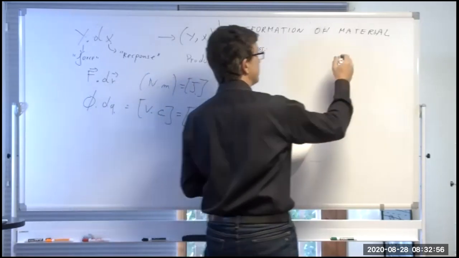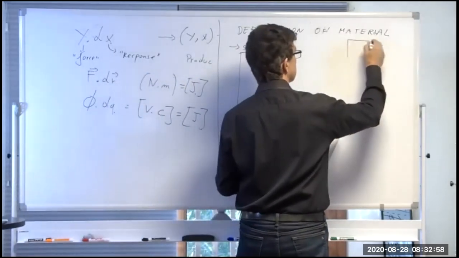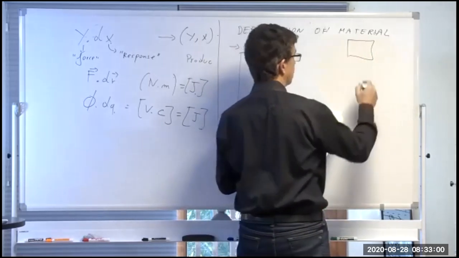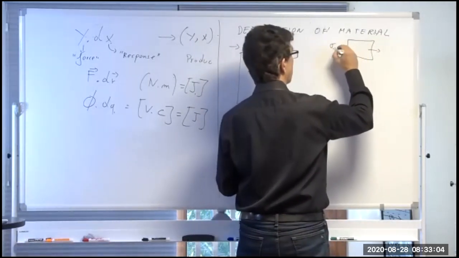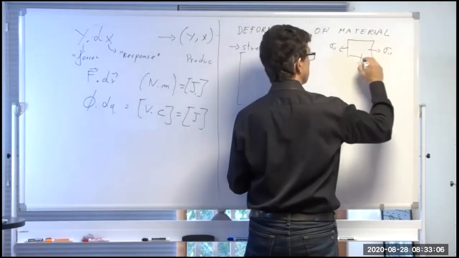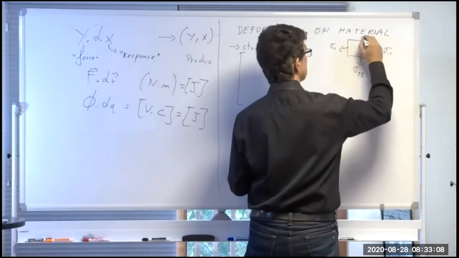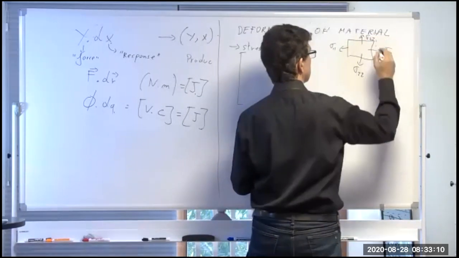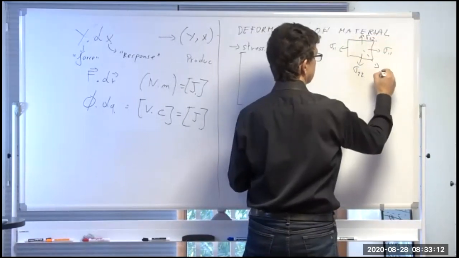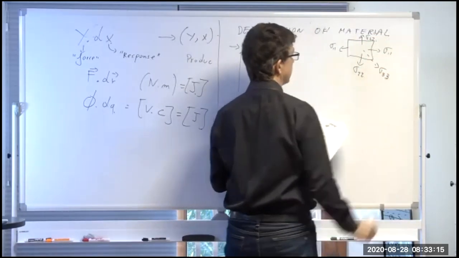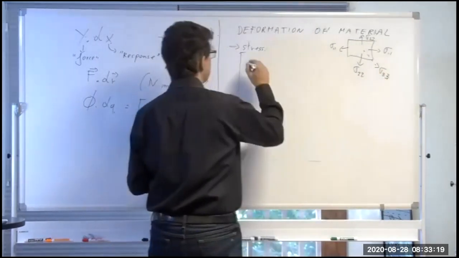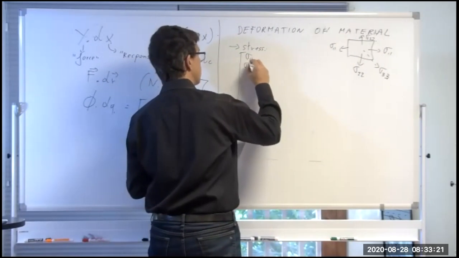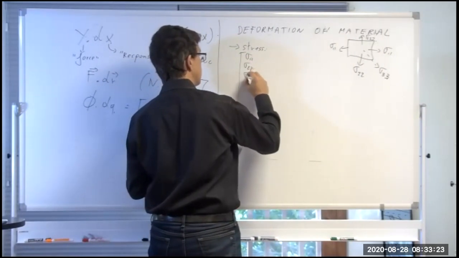So you would have diagonal components. So you could call them sigma 1,1, sigma 2,2. And then in the third dimension, right, you'd have sigma 3,3. That's the x, y, z directions. And then you'd have the shear components as well. So you have a general stress tensor, sigma 1,1, sigma 2,2, sigma 3,3.